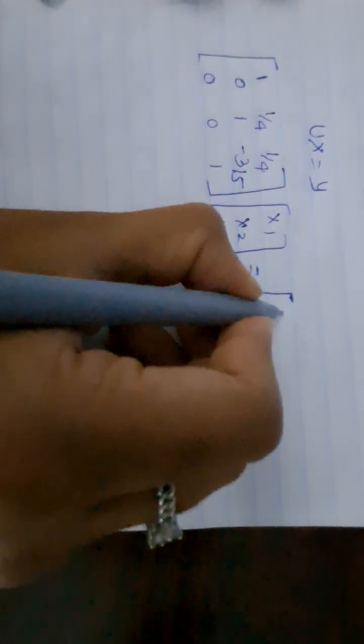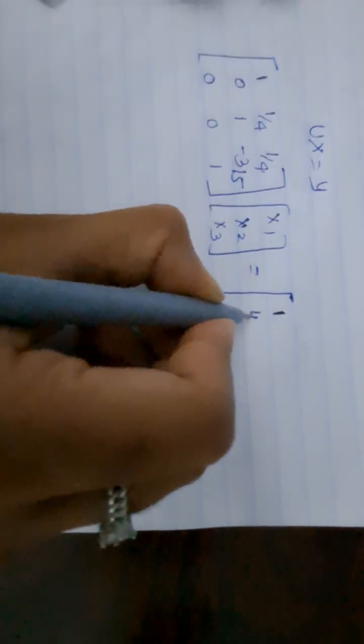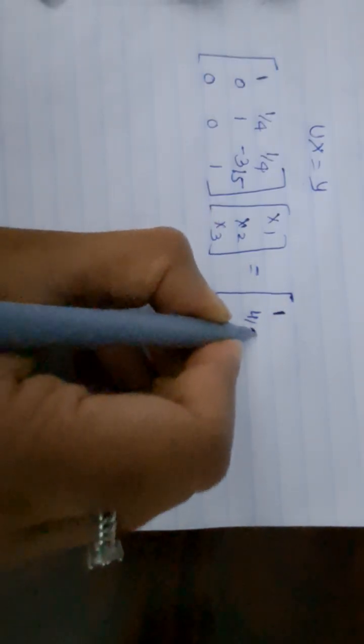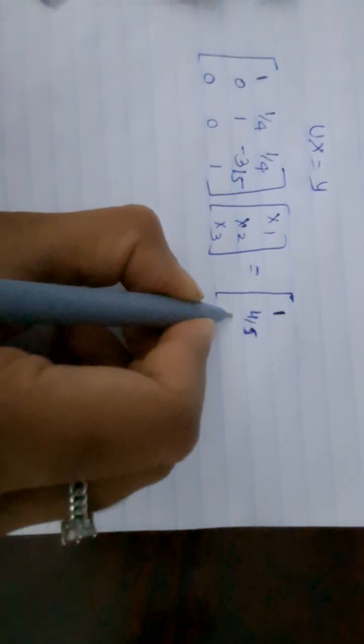And these are the unknowns x1, x2, x3, which is equal to your y1, y2, y3 values. So please write them: y1, y2 and y3, that is negative 1 by 2. Okay, so now this is again like the Gauss elimination method. So we just go over the backward substitution. So this is 1 into x3 is equal to negative 1 by 2.